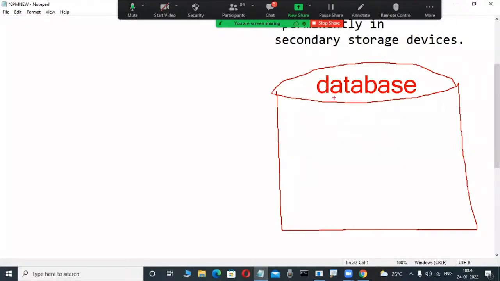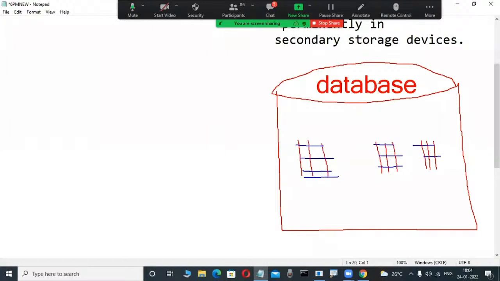They only store a structured collection of data, in an organized fashion. Why? Because the relational data model is a concept, and based on that these products are implemented. They are called relational databases.